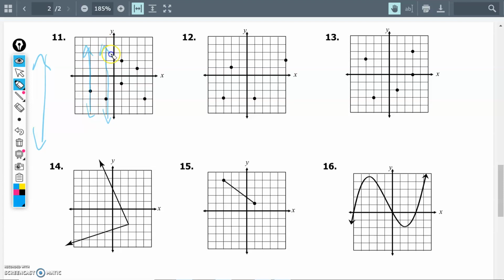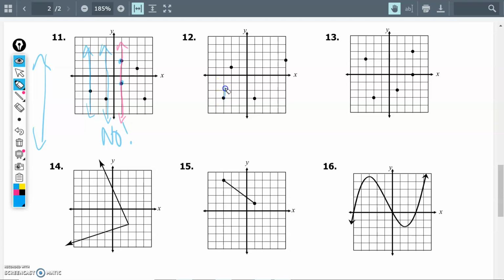Here, that's fine too. However, here, if we draw a vertical line, you can see that it crosses through 2 dots. And if it does that at any point throughout the graph, it's not a function. It fails the vertical line test.